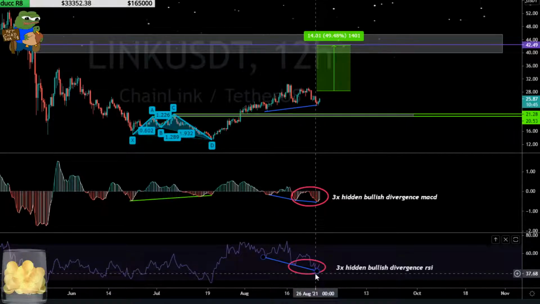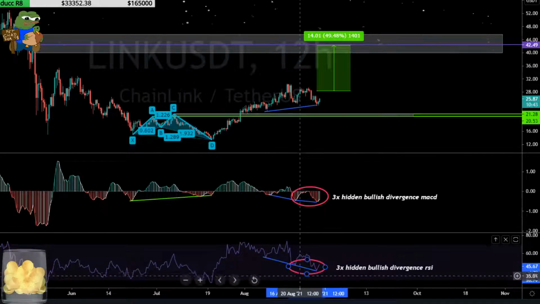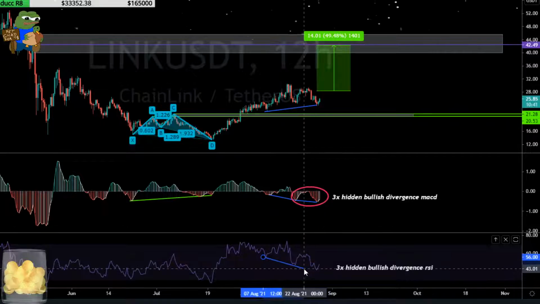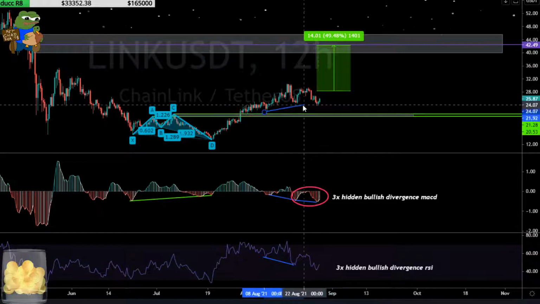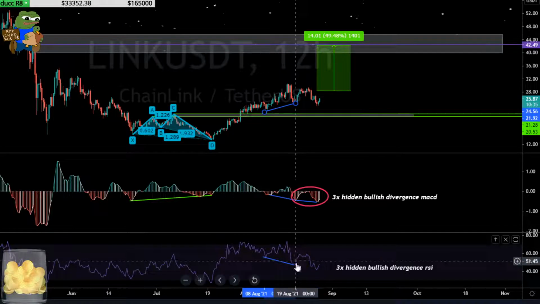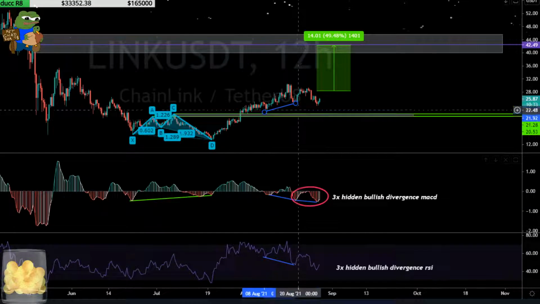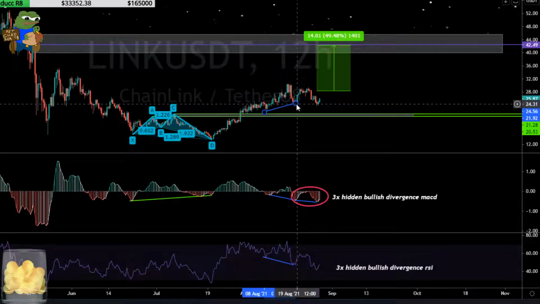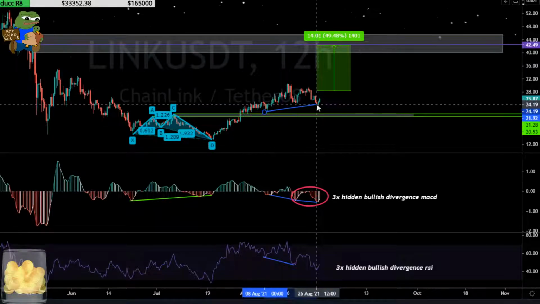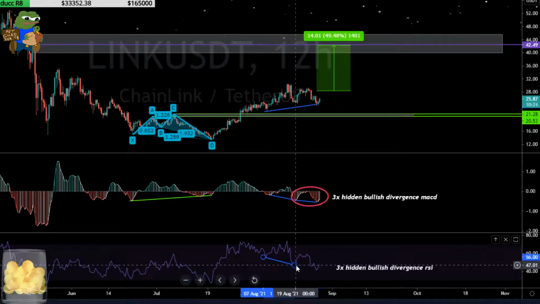It's not exactly hidden bullish divergence. It's more like this. You got hidden bullish divergence here, and then you painted... Yeah, this one's interesting. It's almost like you just take it right through.